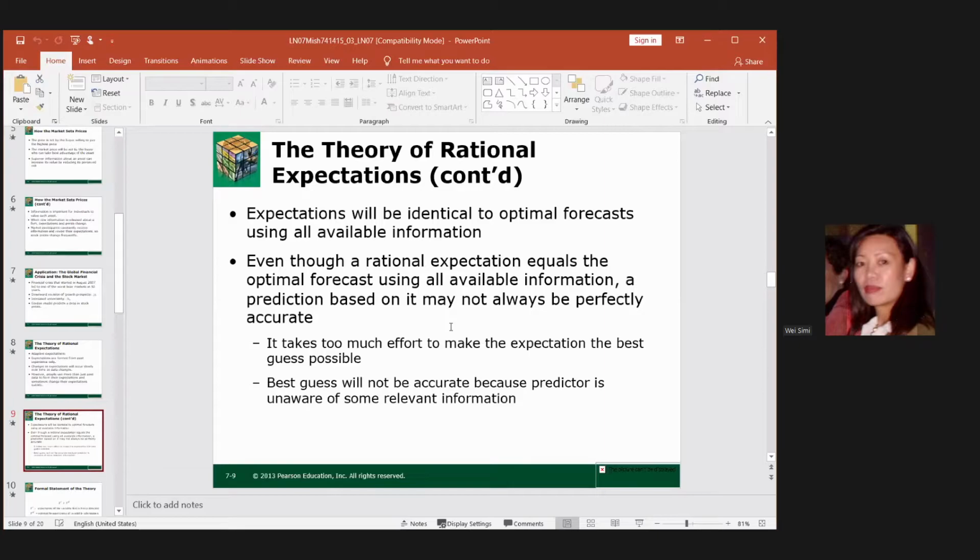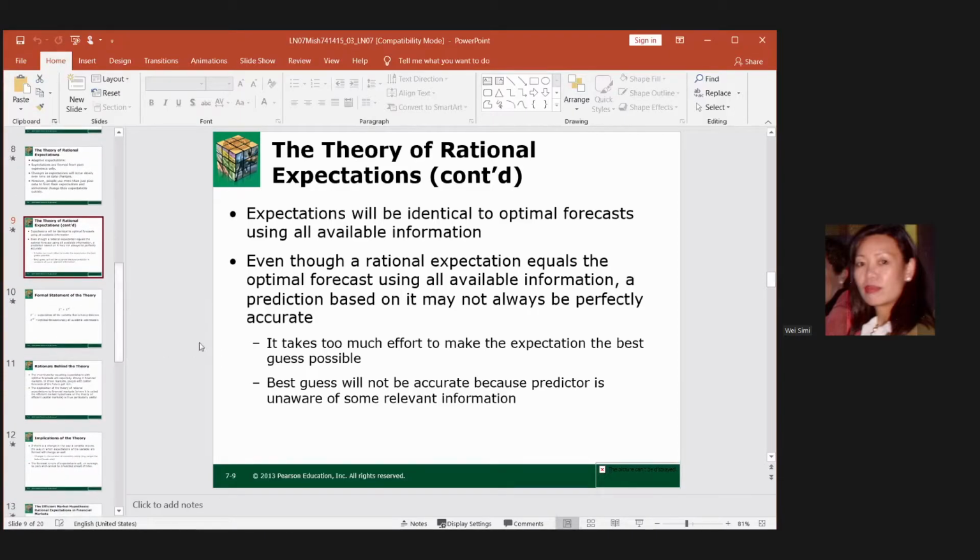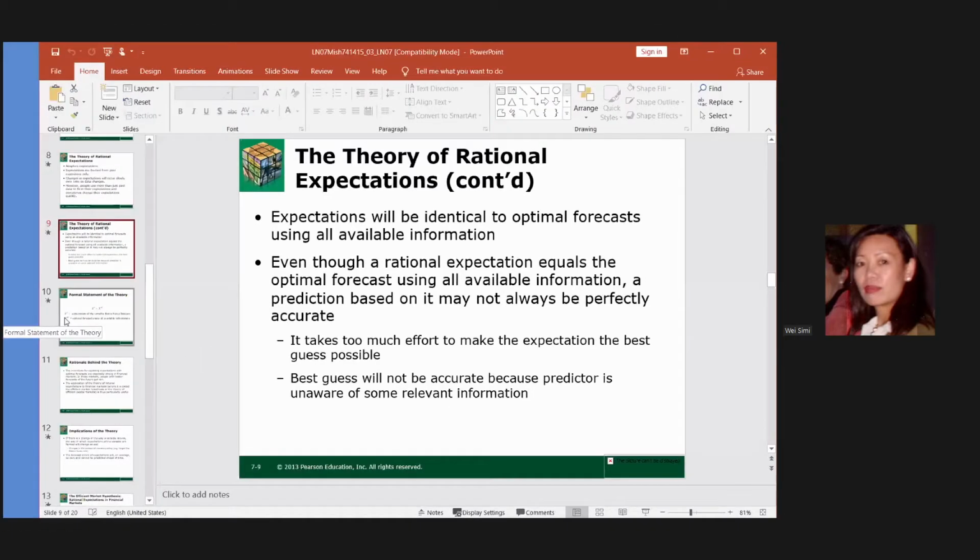You still do not know something else. Like we said, two people are better than one, because the other person may have other information. Or your model may be missing something. Sometimes we even call it model risk, because the model itself could be wrong. So a lot of things. Here I'm just trying to say you do your best forecast, that's all, and you adopt this calculation, optimal forecasting, then you build up your rational expectation.